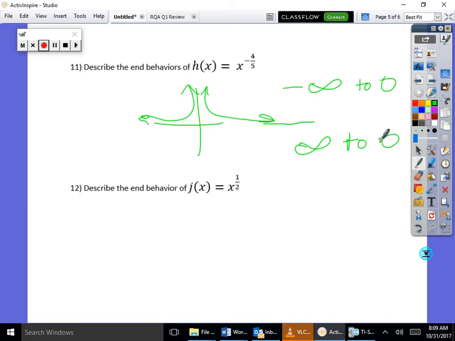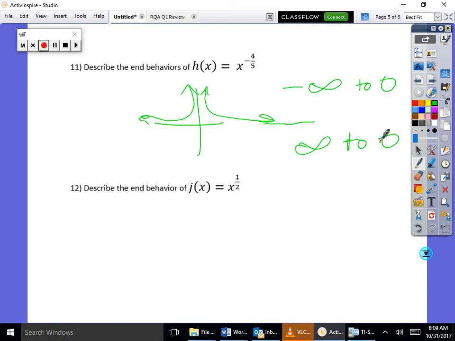So end behavior is asking about your output. So as I put in smaller and smaller negative numbers, my graph goes closer and closer to 0. Okay? So it's asking where does the height of the graph go?